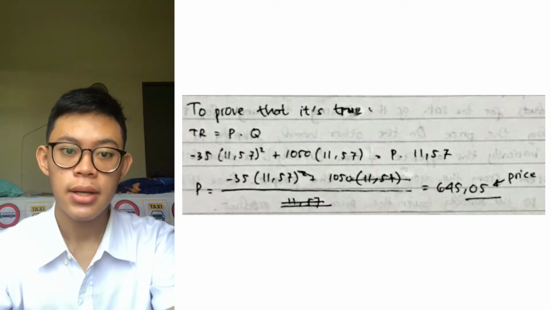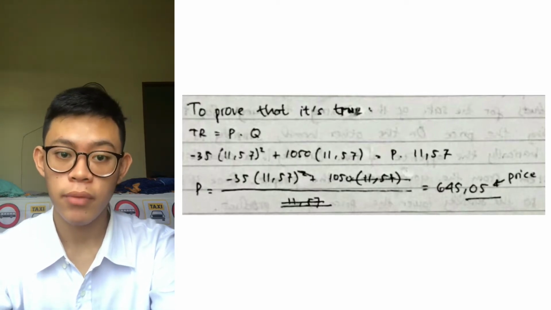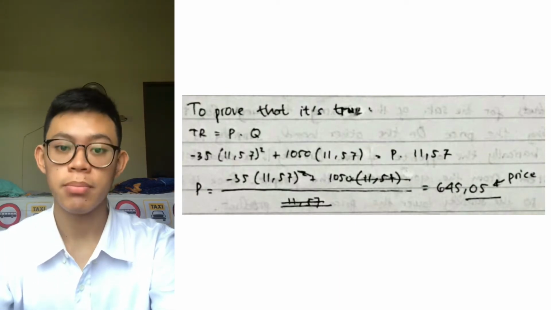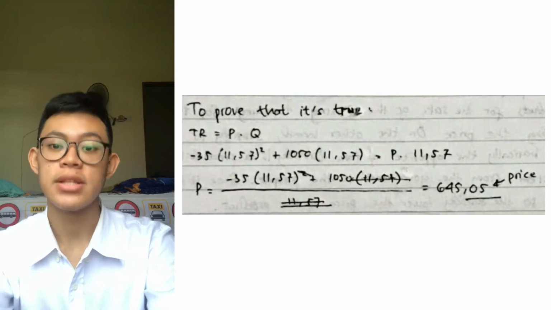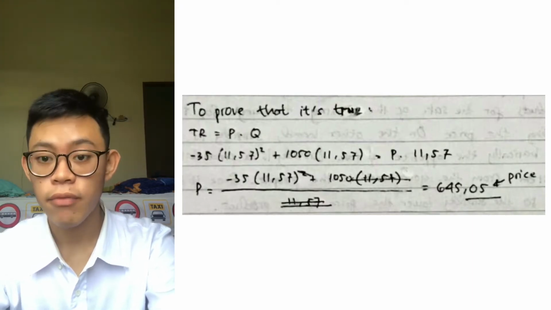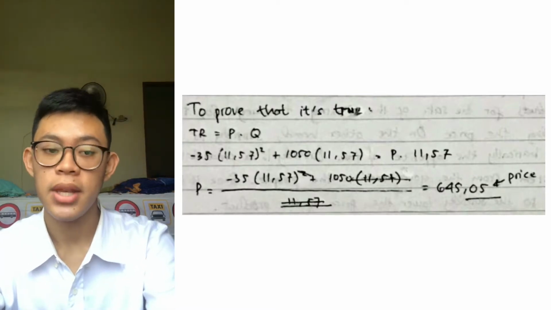So the price equals negative 35 multiplied by 11.57 to the power of 2 plus 1050 multiplied by 11.57, divided by 11.57. We get 645.05. That is the price for each miniature.